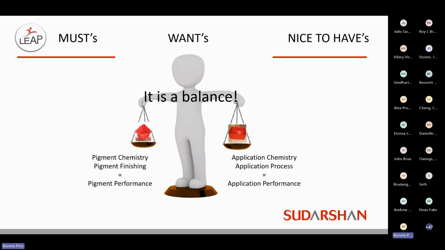In this particular webinar, I really wanted to provide you a closer view of a particular set of chemistries, to better understand how that particular chemistry and finishing really does impact the end performance versus what you're looking for, so that you can better choose the ultimate pigment for your end application area.